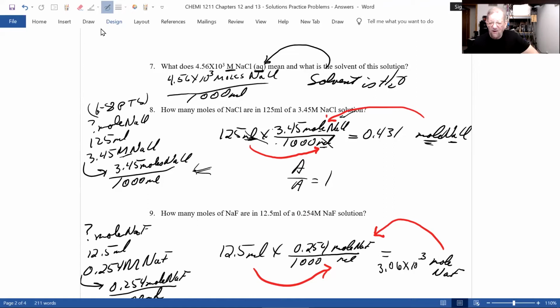I'm left with moles. This is 3 significant figures. The 1,000 is an exact number and does not play a role. So when you're multiplying and dividing, the number that has the fewest significant figures is what your answer should have. 3, 3. My answer has 3.